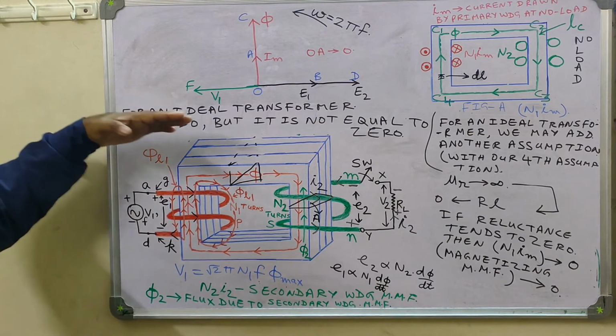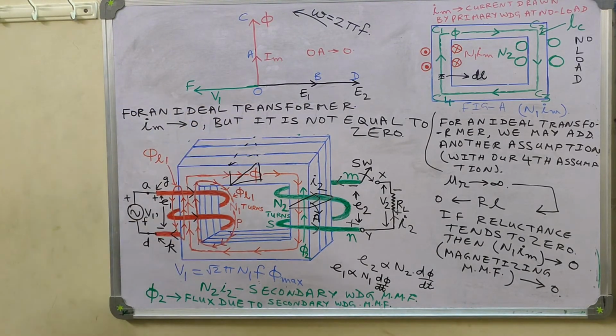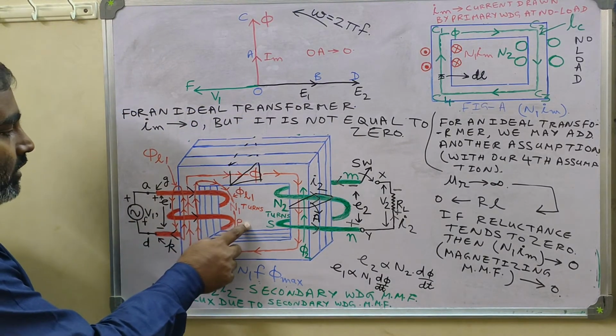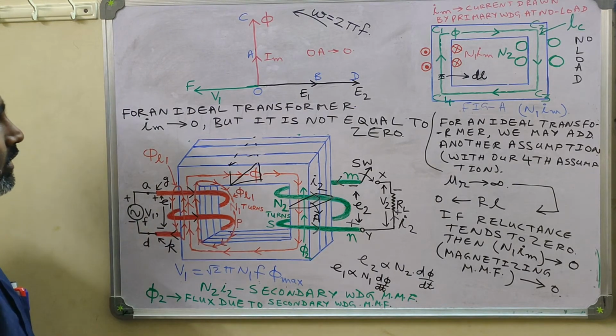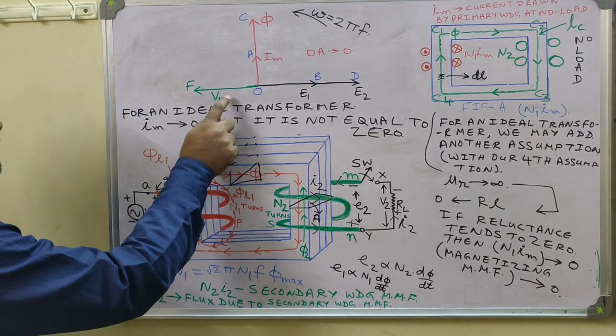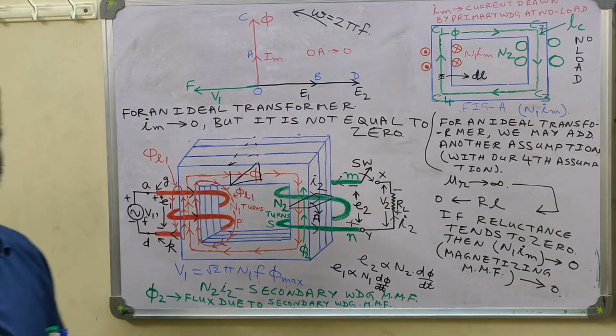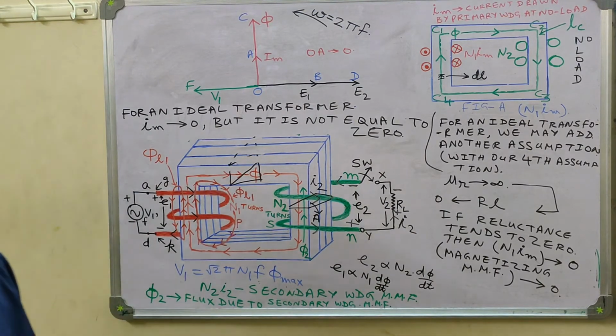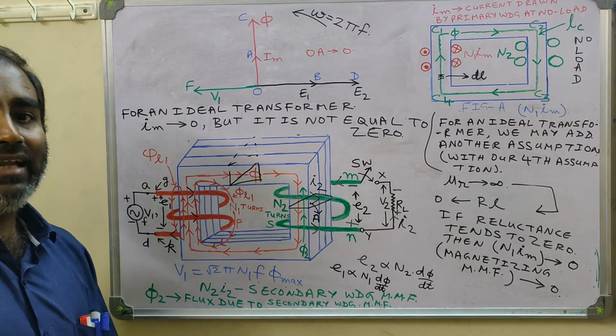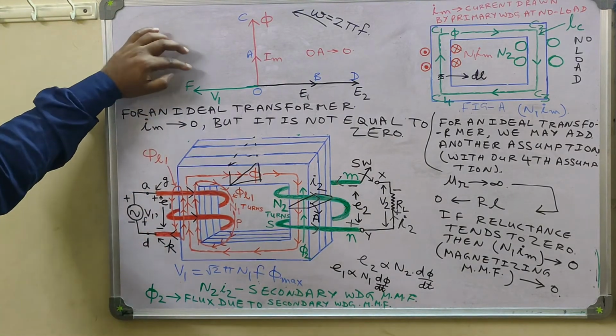You see, the current which is drawn by the primary coil P at no load condition is Im, and it is lagging the applied voltage V1 by 90 degree. So this happens in case of an inductor. For an inductor, the current drawn from the supply voltage lags the supply voltage by 90 degree. So the same thing is happening here.